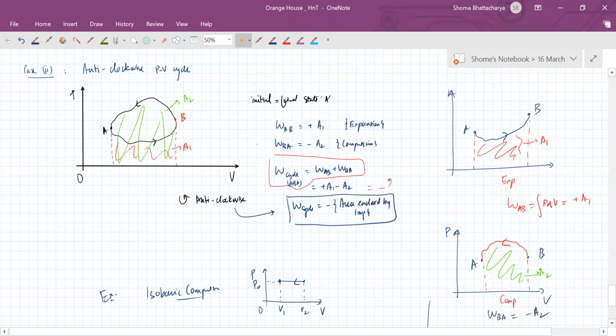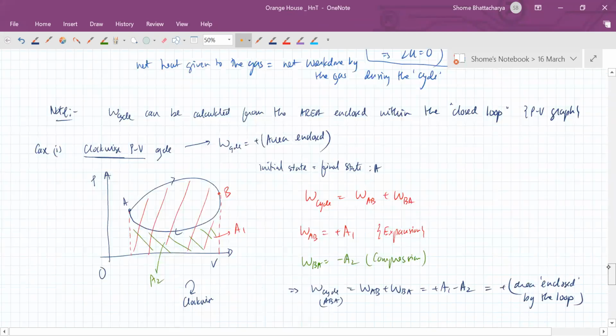It is minus of A2 minus A1. So A2 minus A1 ही तो ये वाला एरिया है जो enclosed वाला है, ये वाला एरिया जो साइकिल में enclosed एरिया है वो कितना है? उसका मैग्नीट्यूड A2 minus A1 है, तो ये माइनस ऑफ दैट है ना. So that is why it is negative of the area enclosed by the loop. Okay. ठीक है.